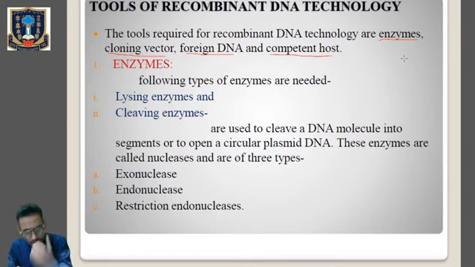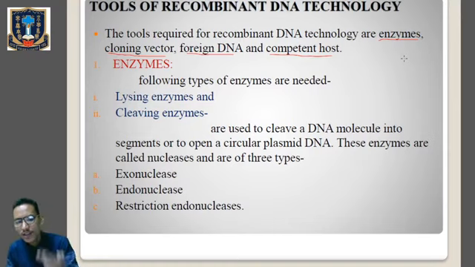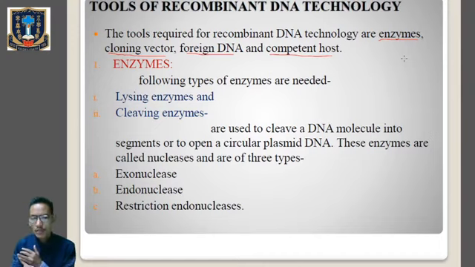These enzymes are called nucleases, and nucleases are of three types: exonuclease, endonuclease, and restriction endonuclease. So lysing enzymes are mainly used to open the cells of plant cells, and lysozymes are mainly employed to open the cell wall of bacteria. Then cleaving enzymes are used to clip the DNA molecule into segments.